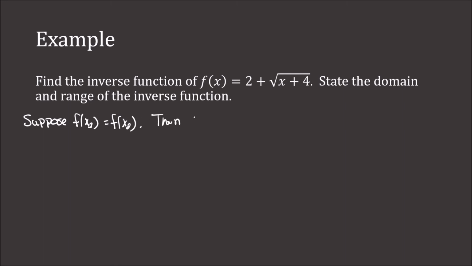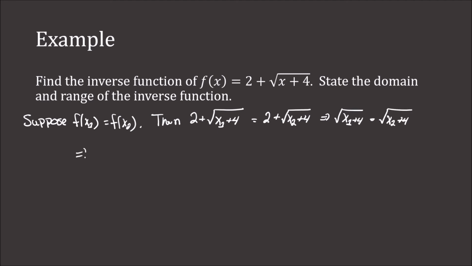So this would mean that 2 plus the square root of x1 plus 4 is equal to 2 plus the square root of x2 plus 4. So this would mean that the square root of x1 plus 4 would have to equal the square root of x2 plus 4, which means that x1 plus 4 has to equal x2 plus 4, which means that x1 is equal to x2, and so this is indeed 1-to-1.